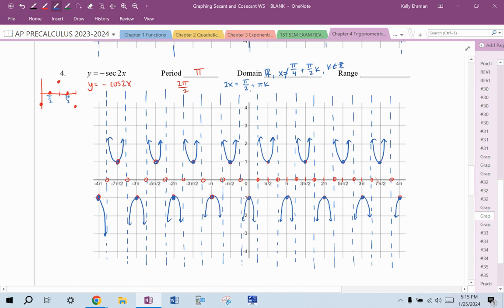And if you divide everything by 2, you get this expression I have here. Pi over 2 divided by 2 is pi over 4. This becomes pi over 2 times k. What's the range? Negative infinity to negative 1 and 1 to infinity.